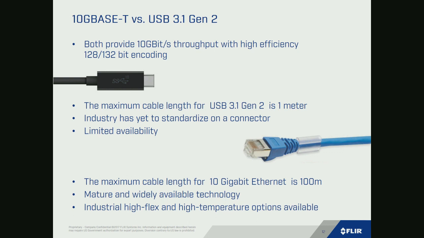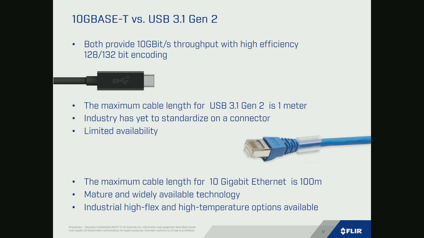The maximum cable length, the spec for that is 1 meter, which in a lot of cases isn't that useful. The industry is also really yet to standardize on a connector. This is likely to be Type C, but until that really comes together, there's limited availability of really industry-ready equipment.